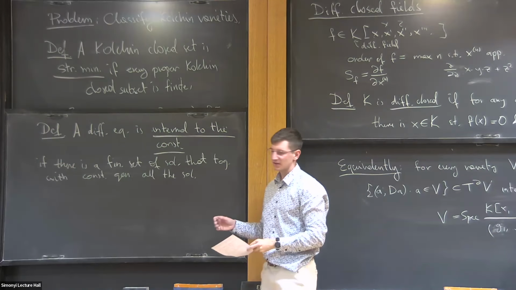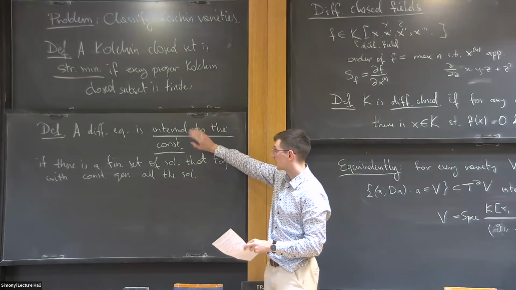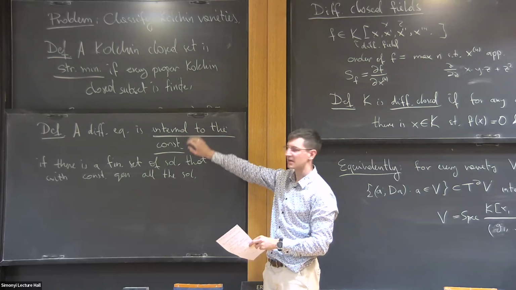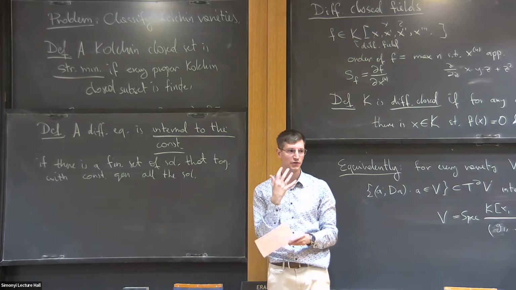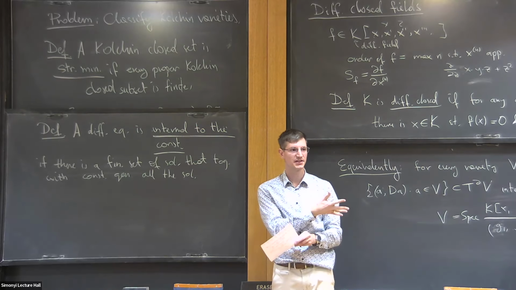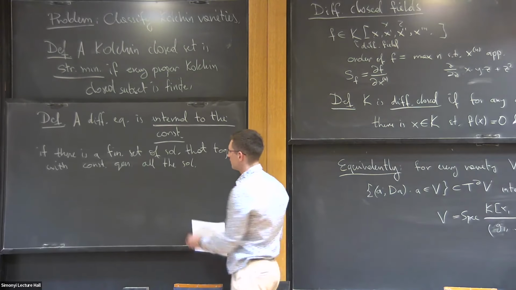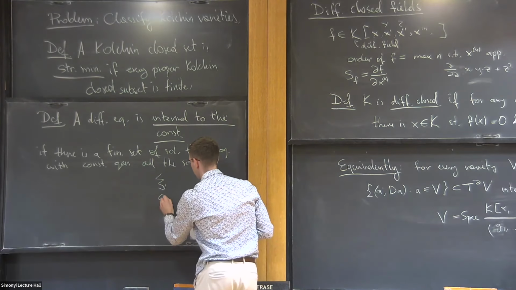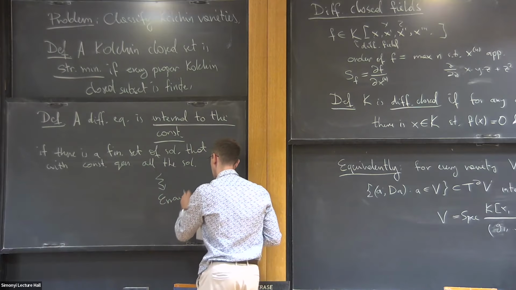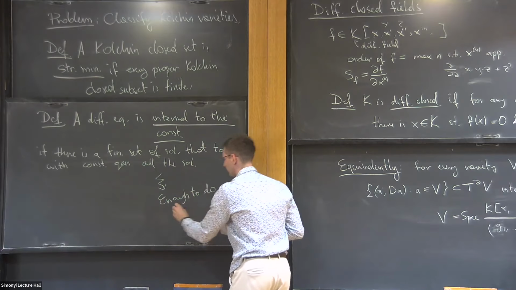In particular, Picard-Vessiot extensions are internal to the constants, because if you have the fundamental system and constants, you can generate all the solutions. And this turns out to be enough to do differential Galois theory.